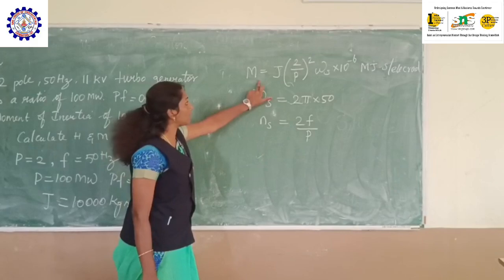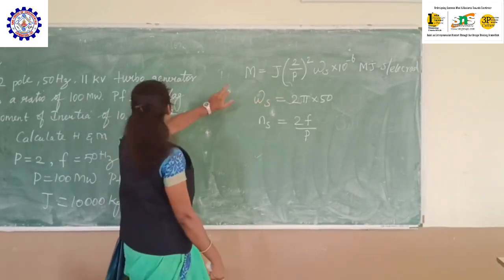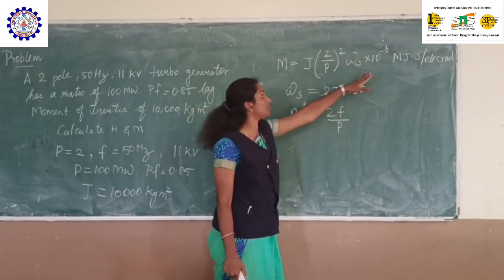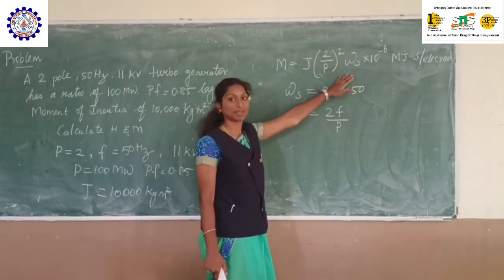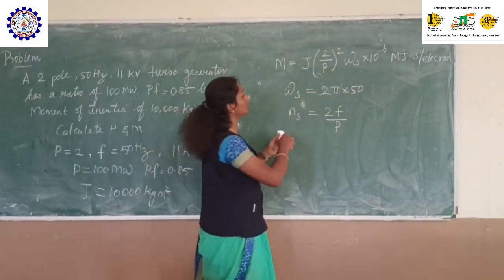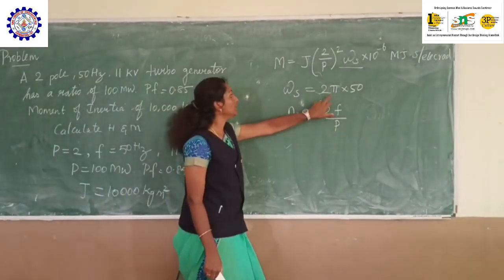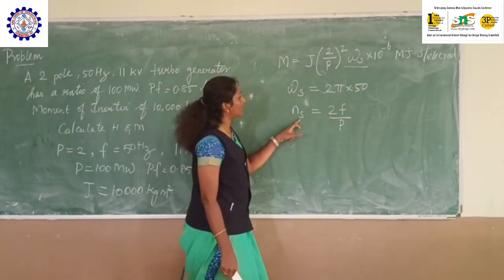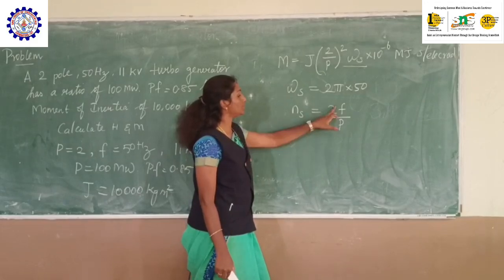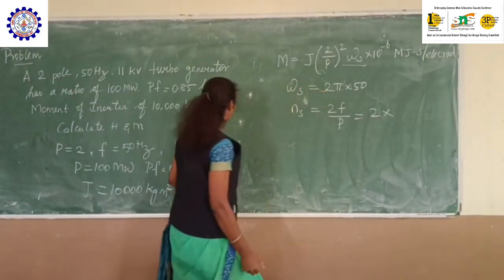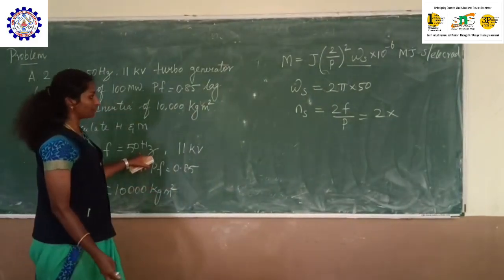So to calculate M, we have a formula with moment of inertia J, 2 by P whole square, omega s, into 10 power minus 6, where we represent megajoules. So in order to calculate omega s, we have a formula 2 pi Ns. From here we have to calculate Ns, which is equal to 2F by P. We already know the value of frequency, which is 50 Hz.